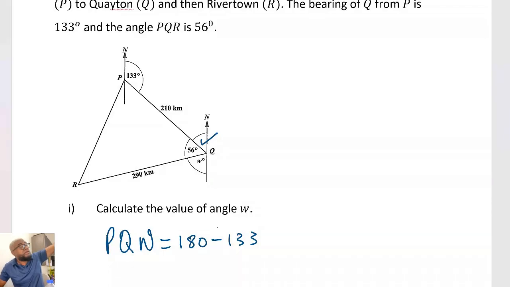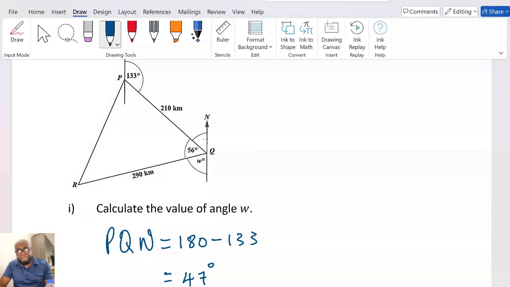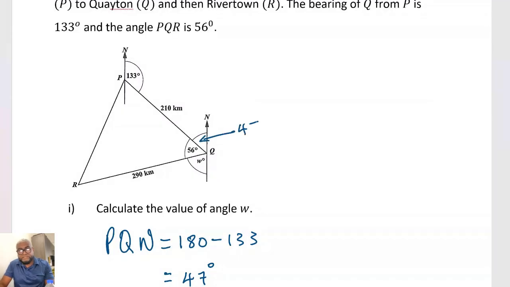The two north lines are parallel, and co-interior angles add up to 180 degrees. So that would be 47 degrees. Here would be 47 degrees.